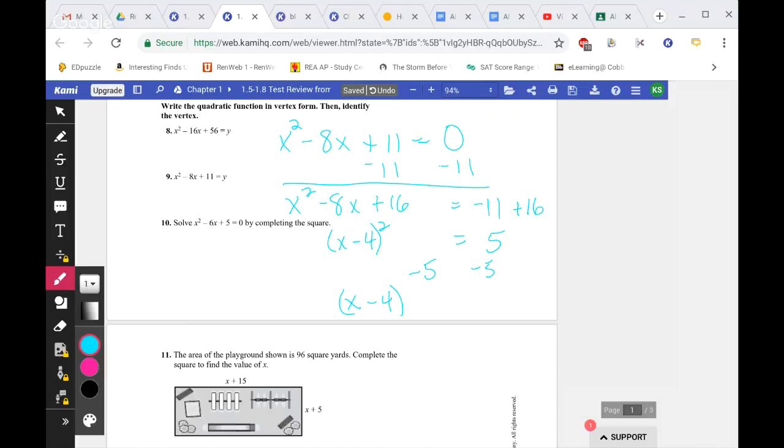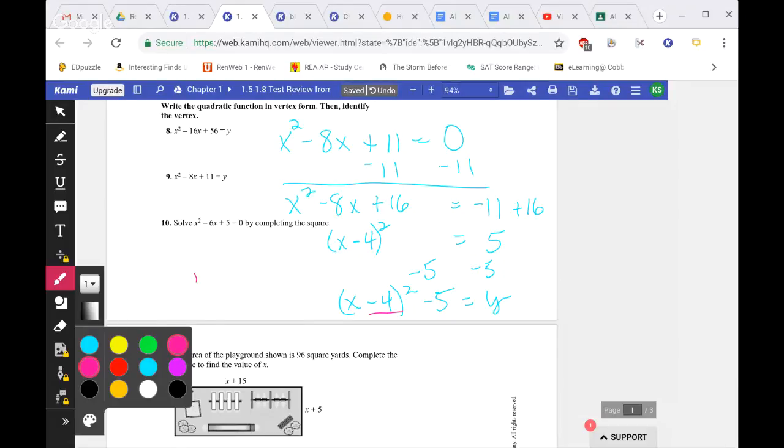And now when I write it just like this, it is in vertex form. And my vertex would be 4, negative 5, because whatever is in the parentheses, it's the opposite of that. And whatever's outside the parentheses, you take as is. So the vertex would be 4, negative 5. So once you've completed the square and put it into this format, you're able to identify the vertex.